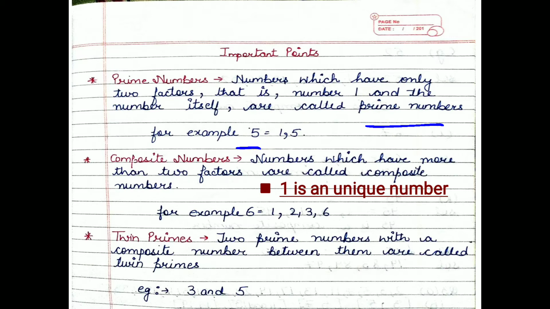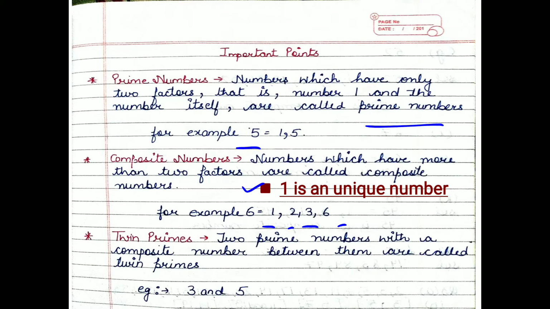For example, 6. 6 comes in the 1 table, 2 table, 3 table, and 6 table also. Clear? So it is a composite number. But remember, I have put one line over here, that 1 is a unique number. Means 1 is neither a prime nor a composite number. Clear? This thing you already know.